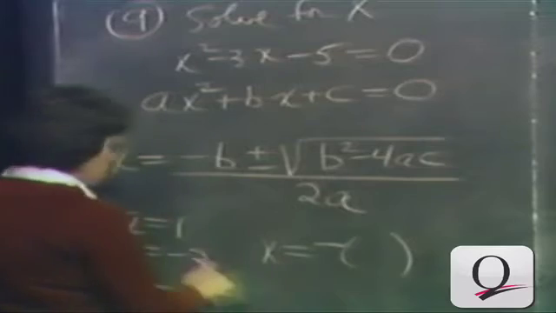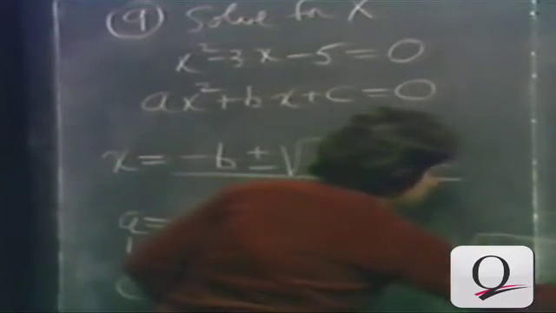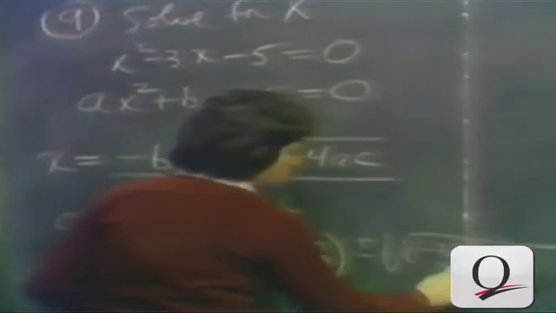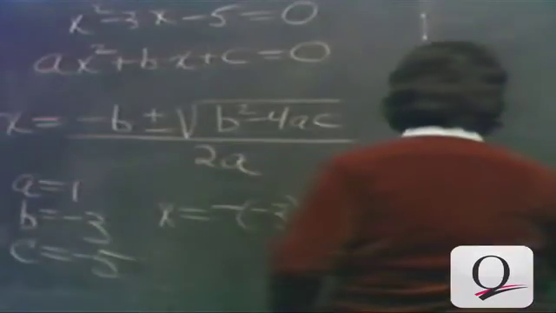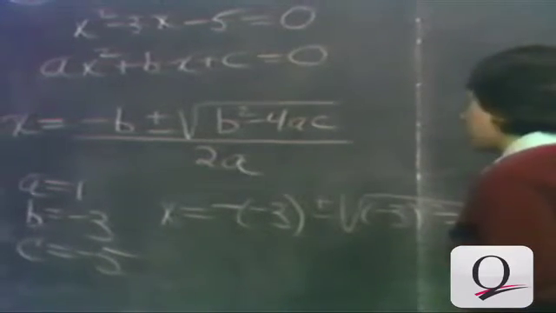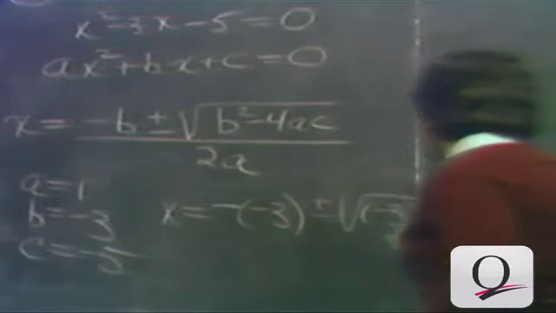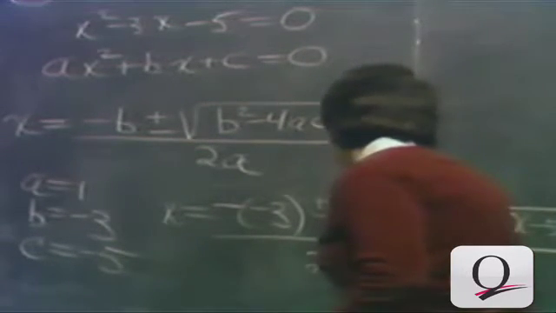Minus b. b is minus 3. Plus or minus the square root of b squared, that's minus 3 squared, minus 4ac. Minus 4 times a, which is 1, times c, which is minus 5, all over 2a.